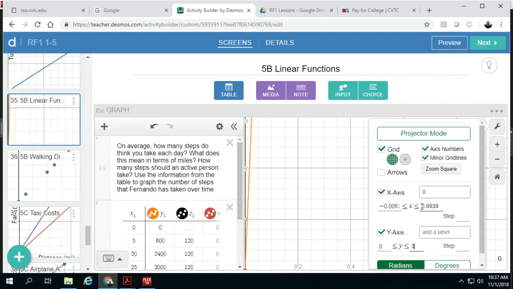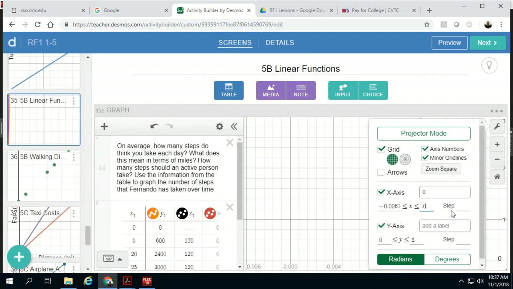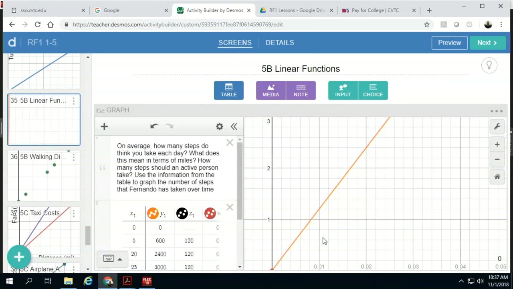I better change this to about 10 seconds, so 0.05. Let's do it that way.